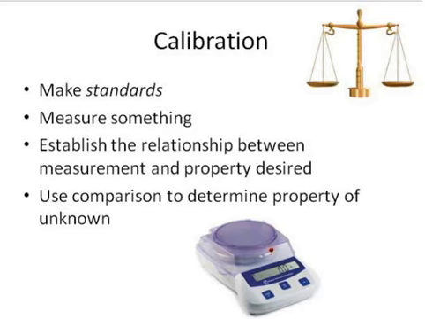Interestingly enough, the same thing happens for these really fancy electronic balances that we use in the laboratory these days. These fancy electronic balances produce a number, an electrical signal, that's proportional to the amount of mass that's deposited on the pan up here. And so someone had to go through the trouble of measuring those electronic signals for known masses that had been deposited on the pan, and deriving the relationship between the electrical signal and the mass of substance that was placed on the pan.